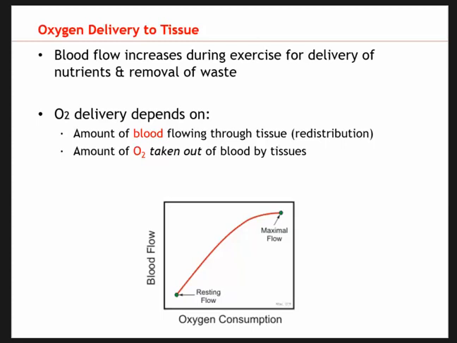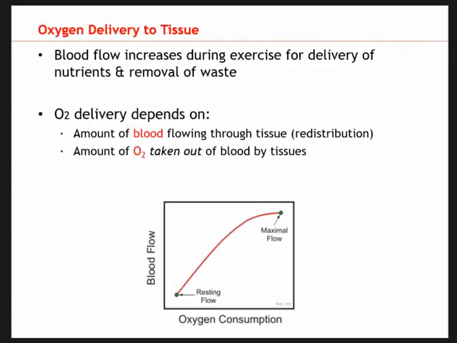Working muscle, if we're exercising, our muscles need more oxygen, especially if we're doing aerobic exercise. We know that oxygen is needed by the mitochondria to produce ATP during aerobic metabolism, and so we have to have oxygen present, and so the muscles will actually take out oxygen from the blood. And when it takes out that oxygen, it's able to use it and allows us to keep exercising.